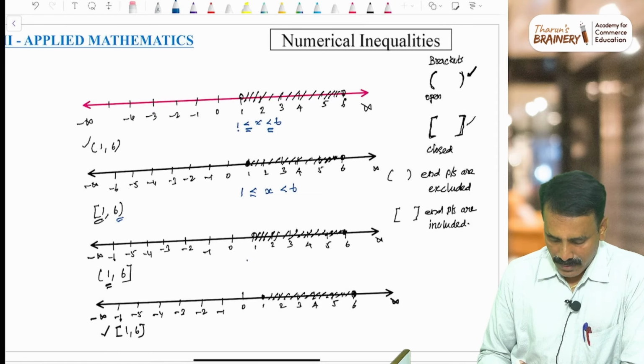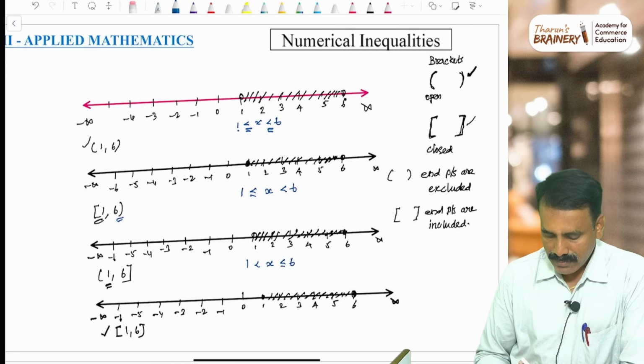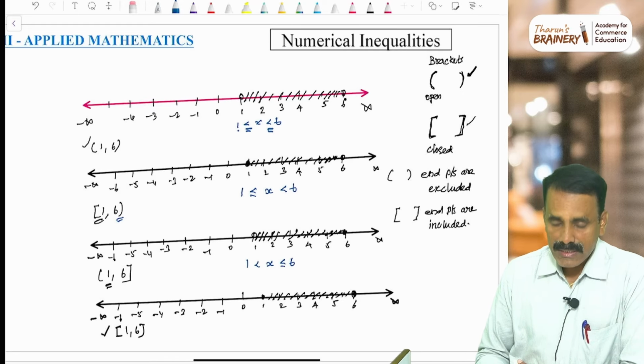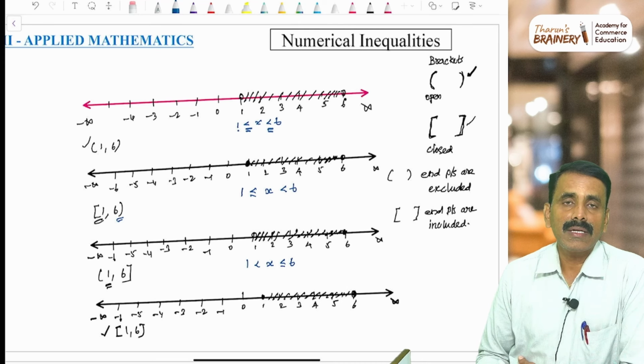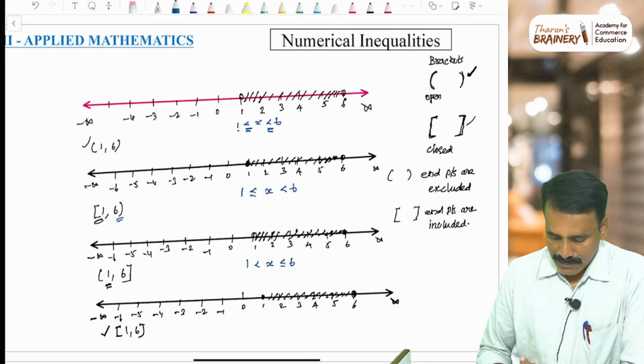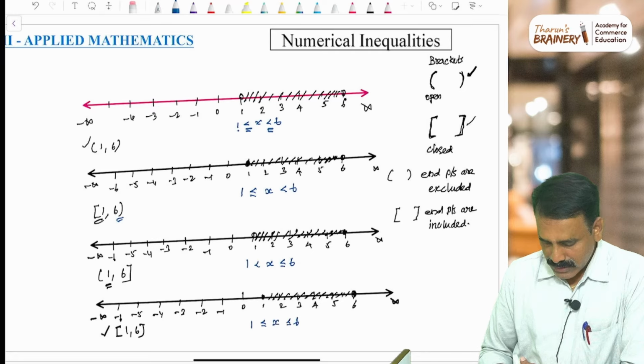Next one, 1 strictly less than x less than or equal to 6. X takes values strictly greater than 1, and it can take any value less than or equal to 6. And the last part, 1 less than or equal to x less than or equal to 6.